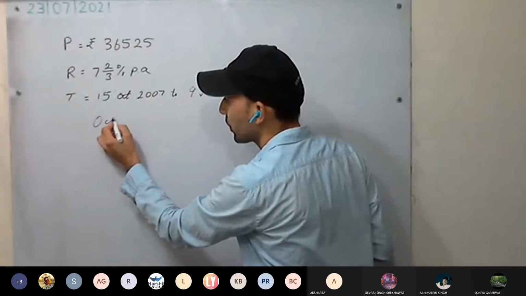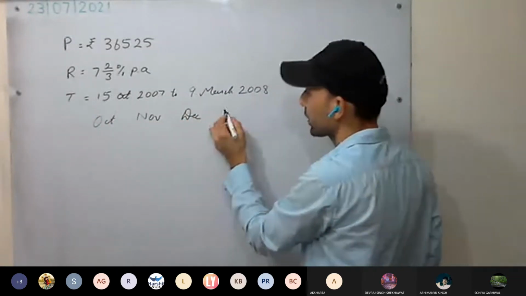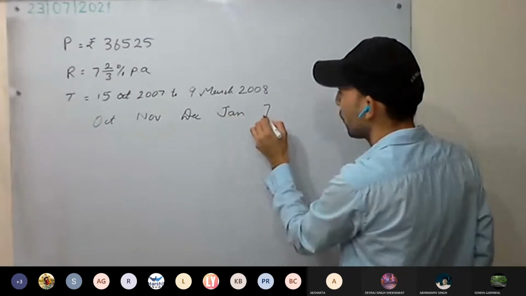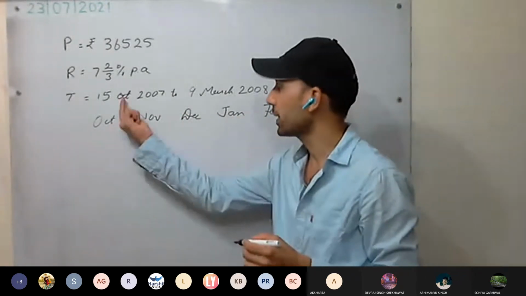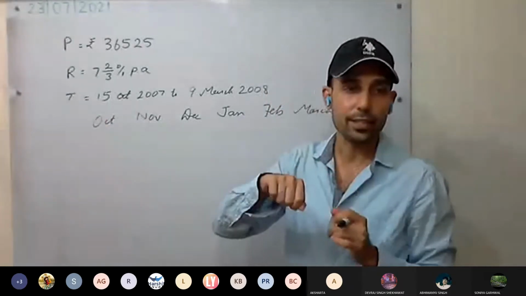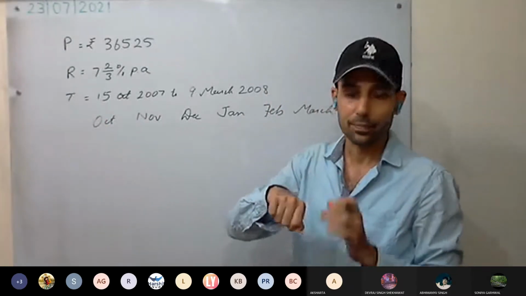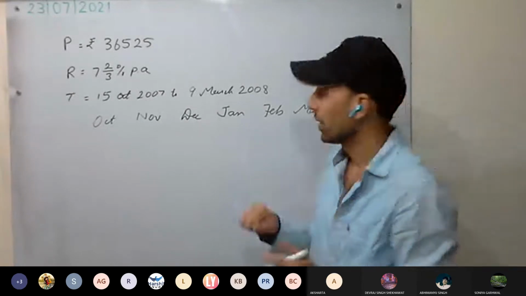So which are the months? October, November, December, January, February, March. In October, how many days will be there? It is 31 days.